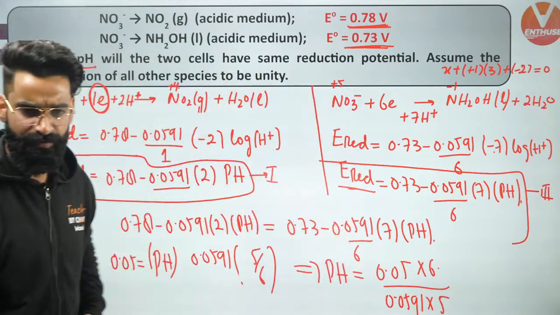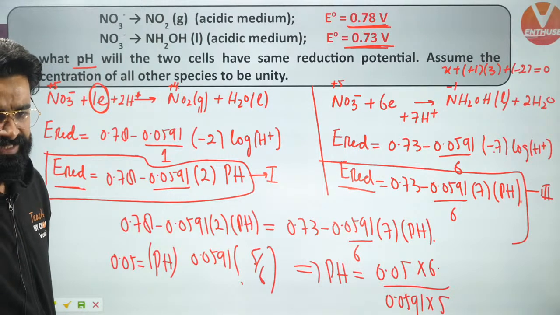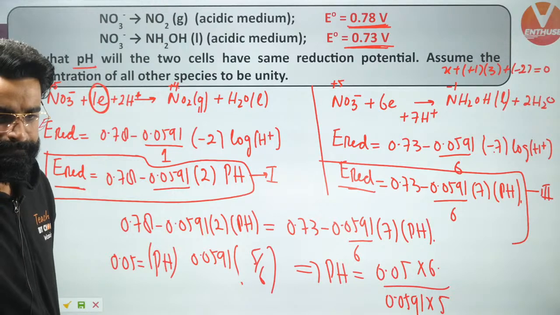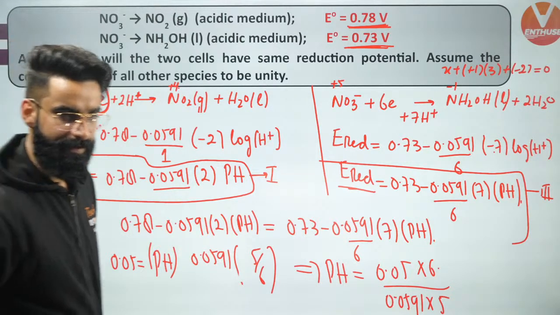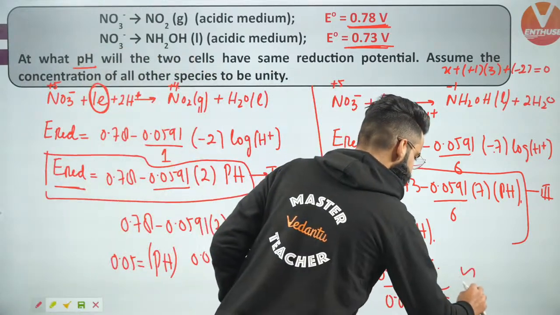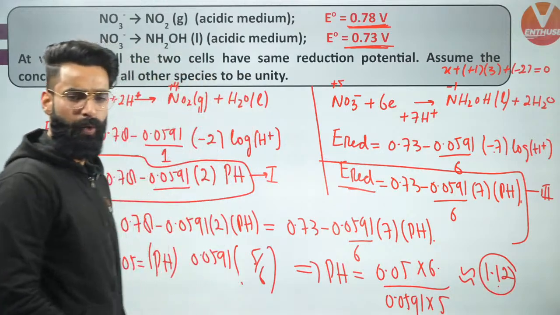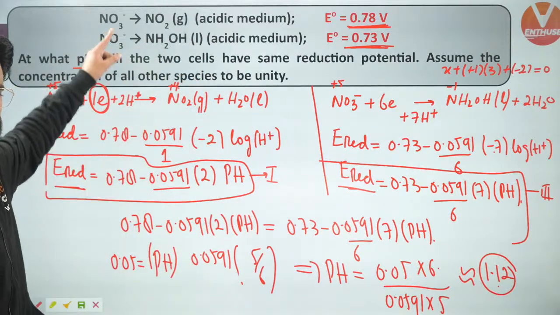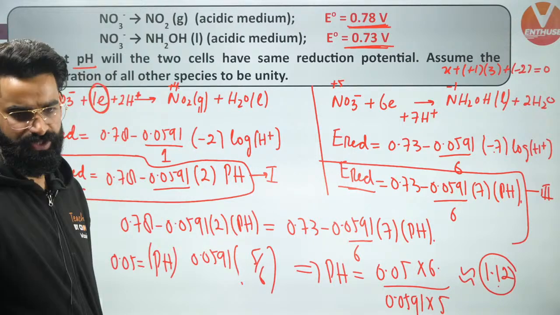Let me know its exact value which you are getting right here. You'll be getting the value around 1.12. So people, at 1.12 pH, both the electrodes are going to have the same reduction potential over here.